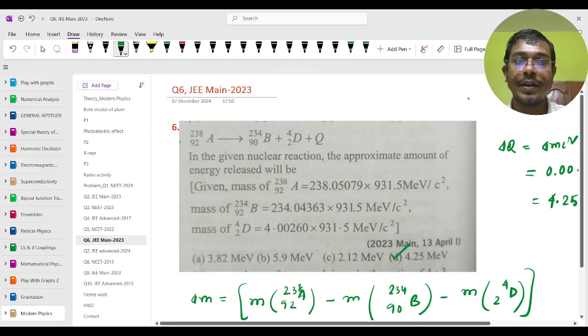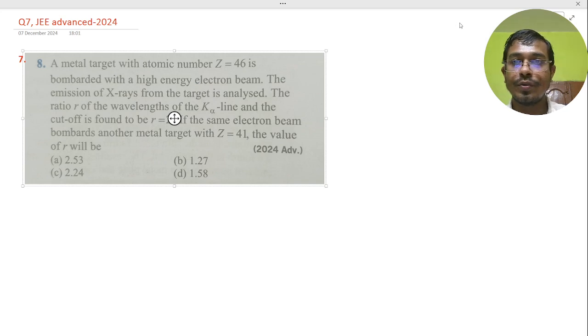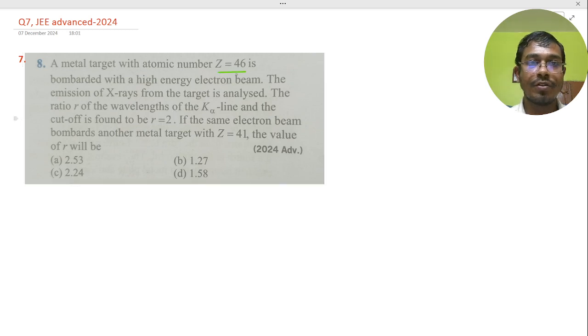Next one comes in JEE Advanced. In this JEE Advanced problem, a metal target with atomic number Z equal to 46 is bombarded with a high energetic electron beam, and the emission of X-rays from the target is analyzed, and the ratio R of the wavelength of the K alpha line to the cutoff wavelength is found to be R equal to 2.